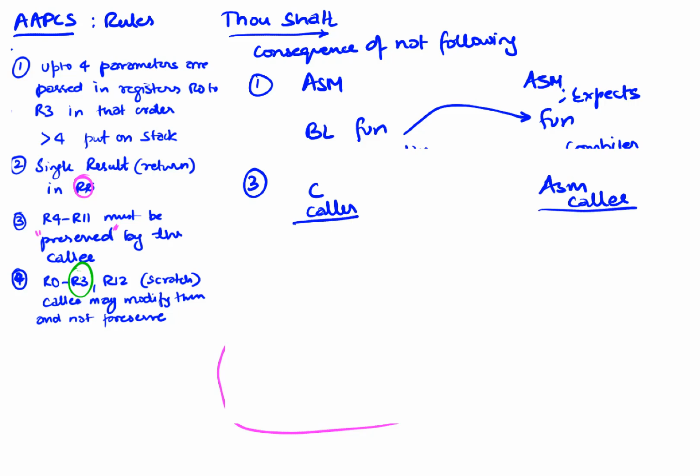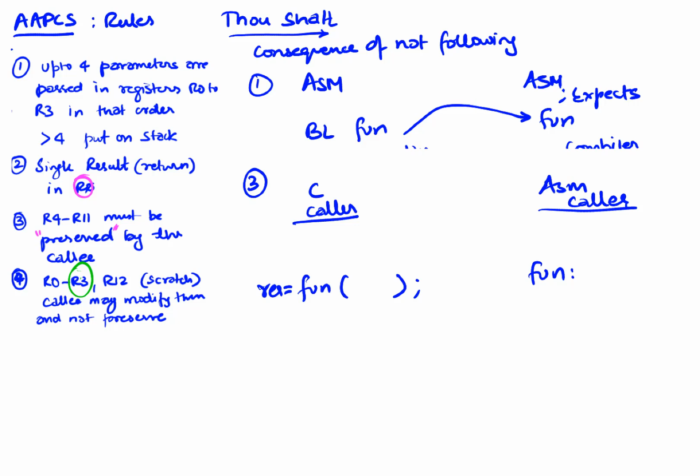Again, the rule is as simple as we have a function here, and the function is going to be called by C, and C simply says fun, and it passes any parameters, and it's going to get the result and put it in something like that.